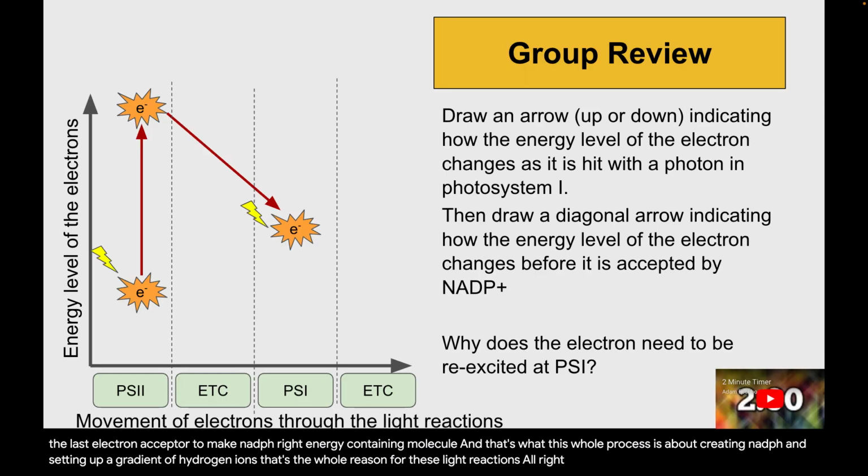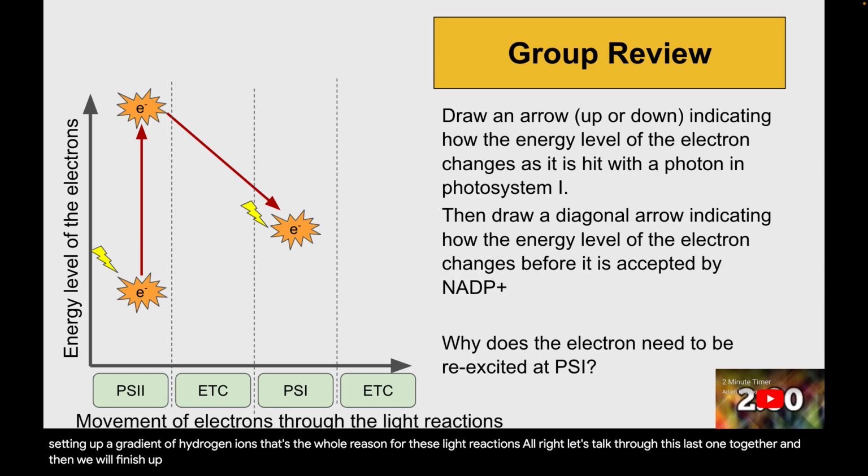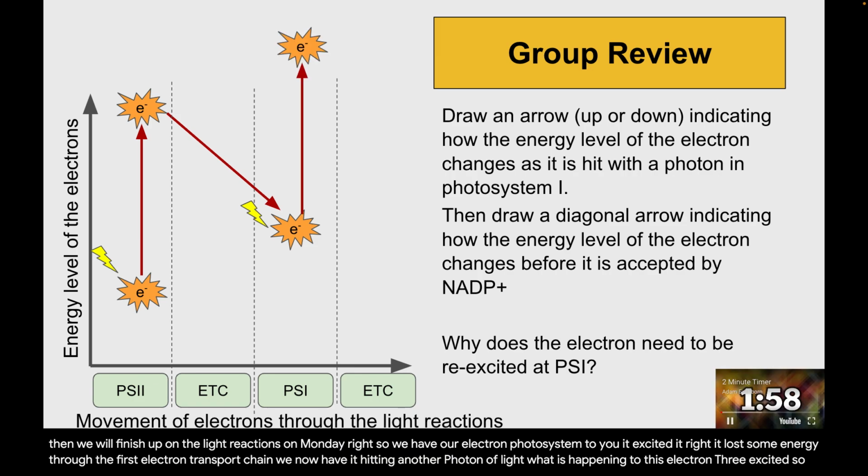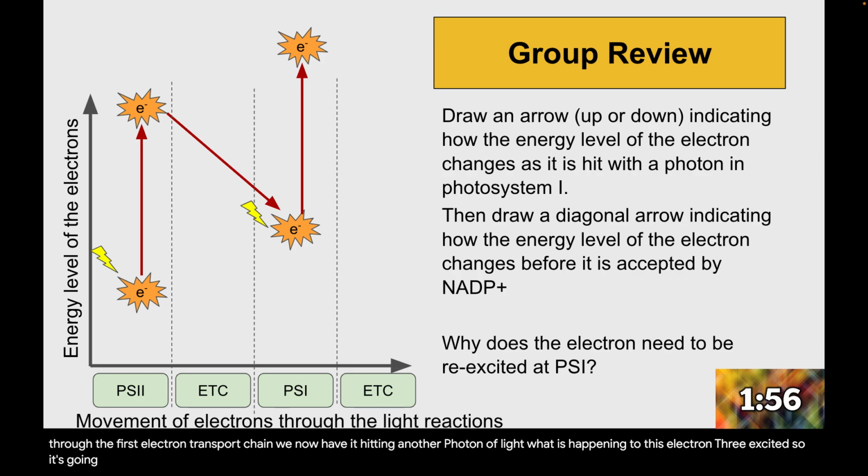All right, let's talk through this last one together, and then we will finish up on the light reactions on Monday. So we have our electron, photosystem 2 excited it, and it lost some energy through the first electron transport chain. We now have it hitting another photon of light. What is happening to this electron? Yeah, it's being re-excited, so it's going to a higher energy state.